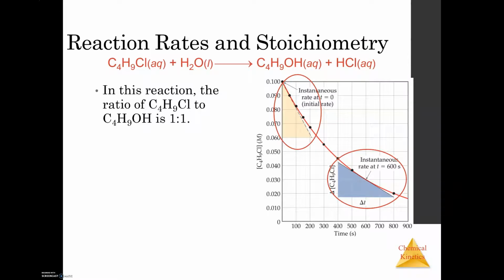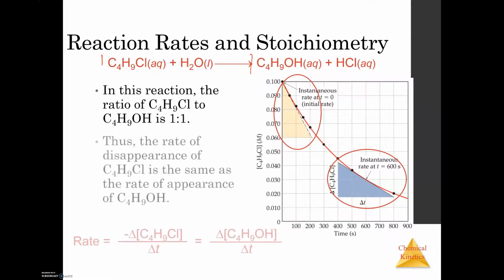So one other detail that we need to pay attention to is the stoichiometry of these reactions. And stoichiometry, again, is based off the balanced equation. In this example here with the C4H9Cl, we see that the ratio is 1 to 1 as we go from the reactants to the products.